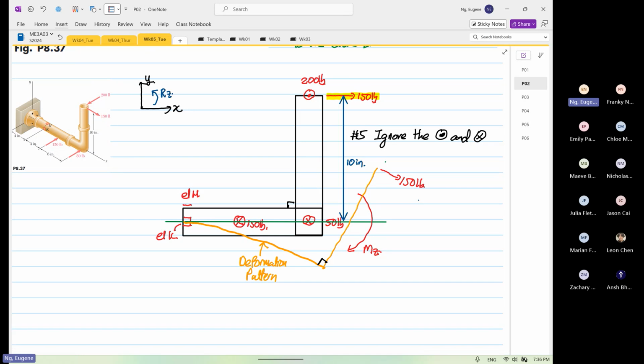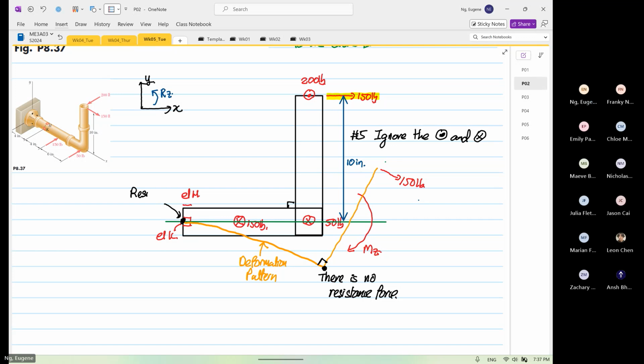Why is it 90 degrees? Because at this point, where the dot is, there is no resistance force. So it's allowed to move, okay? Whereas at this point over here, right, there is a what?